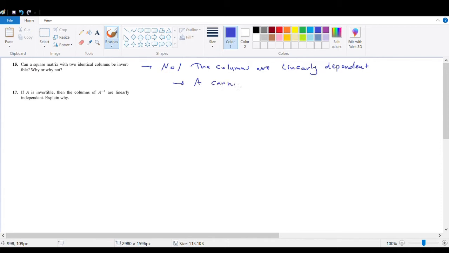This is using the theorem: if one statement is false, then the other is false, so not invertible.